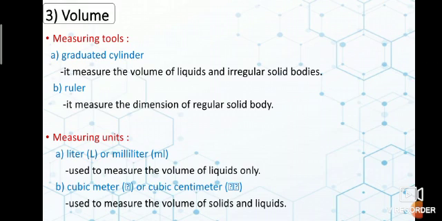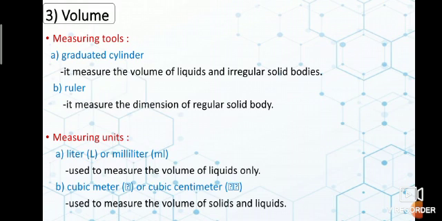We also have to know that each 1 liter is equal to 1000 milliliters, and each 1 milliliter is equal to 1 cubic centimeter, and 1000 milliliters is equal to 1000 cubic centimeters.